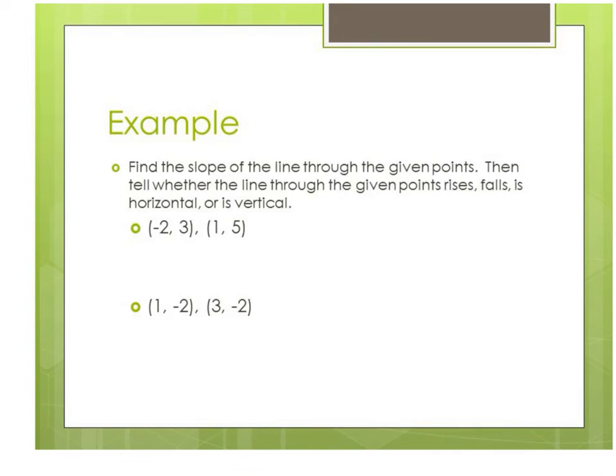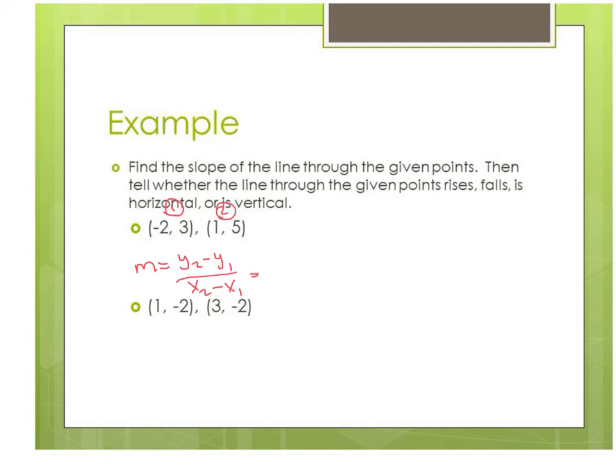So we're asked a few things here. The first thing is to find the slope through the given points, and then we're going to tell whether it rises, falls, is horizontal or vertical. So if you have two ordered pairs, you're looking at your slope formula. First point would be 1's, second point would be 2's.